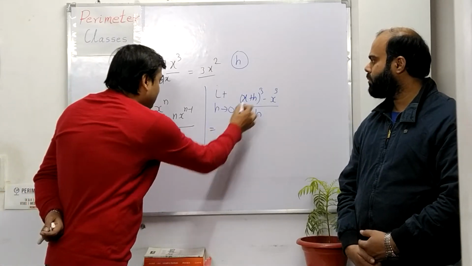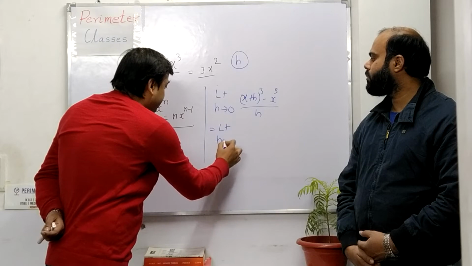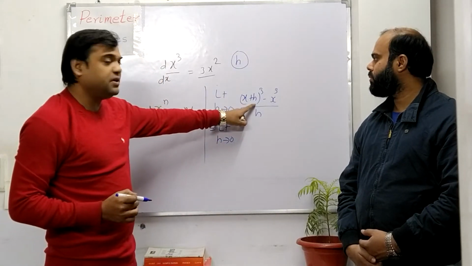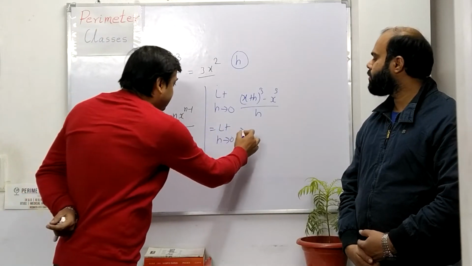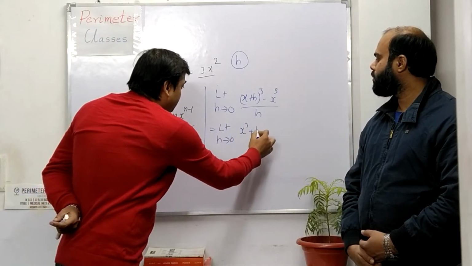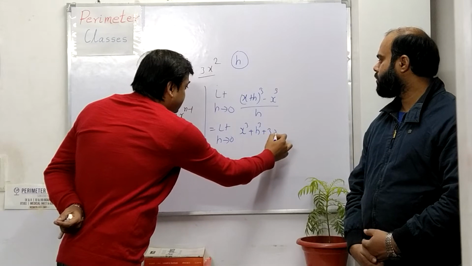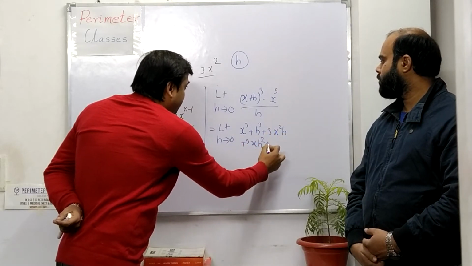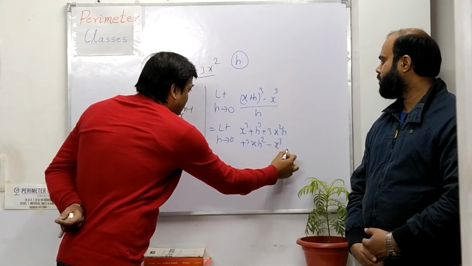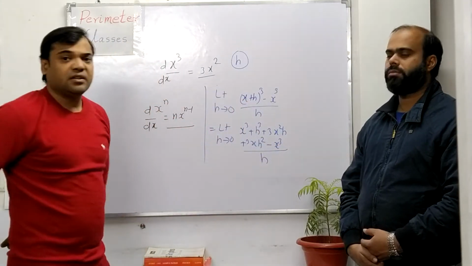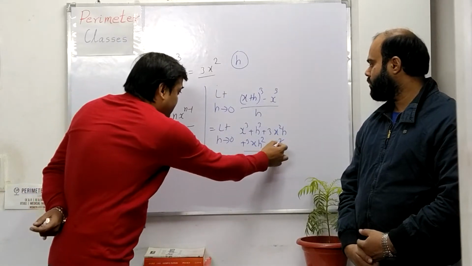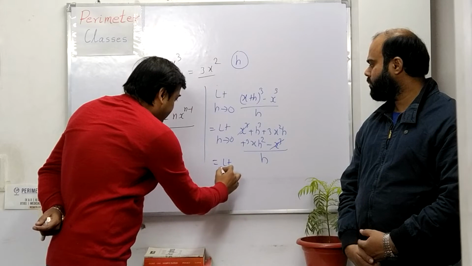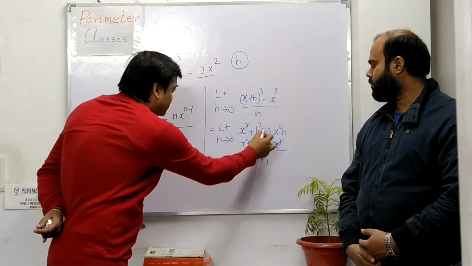Now here if you expand this term, we get limit h tends to 0, and this is simply a plus b whole cube. So we can write this as a cube plus b cube plus 3a square b plus 3a into b square, minus x cube, divided by h. Now in this equation x cube can be easily cancelled out, and with limit h tends to 0, h will also cancel out.